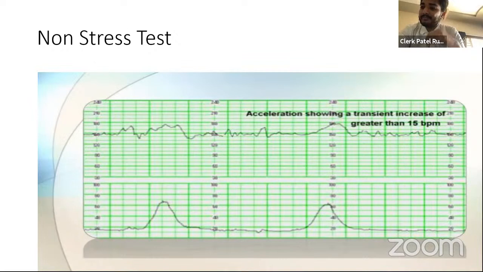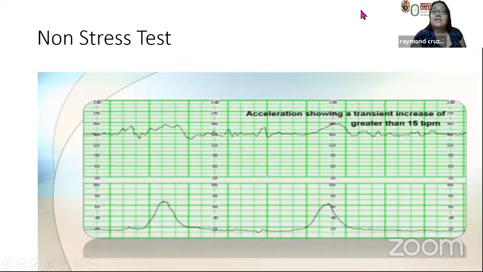Okay, it must reach 200 Montevideo units. An adequate contraction would be how many contractions in 10 minutes? Three contractions in 10 minutes. Okay, you have to have 3 contractions in 10 minutes.